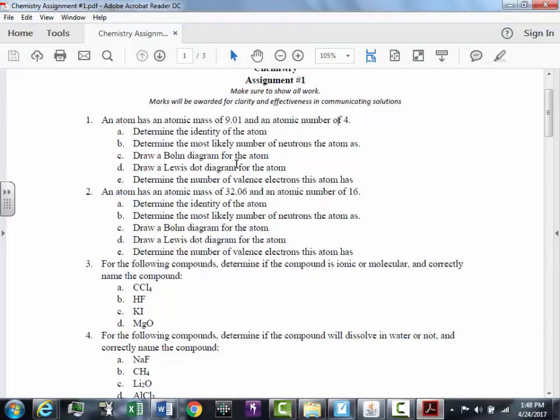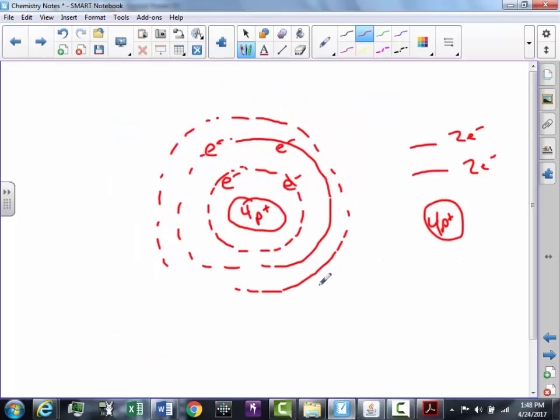The other one's called a Lewis dot diagram, and I'm not sure I showed you this one last year. Basically, a Lewis dot diagram works by only drawing the valence electrons, the outermost ones. So if this is beryllium, how many outside electrons does beryllium have? How many are in its outer layer? 2, yeah. So you draw 1 dot for each of the electrons.